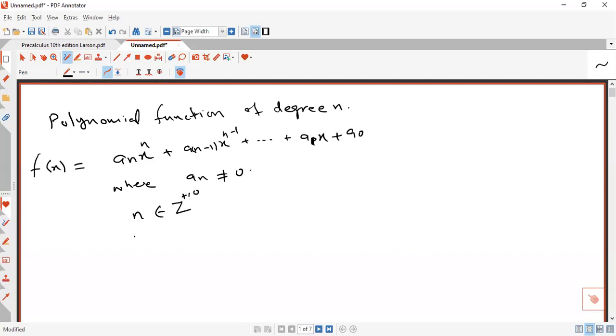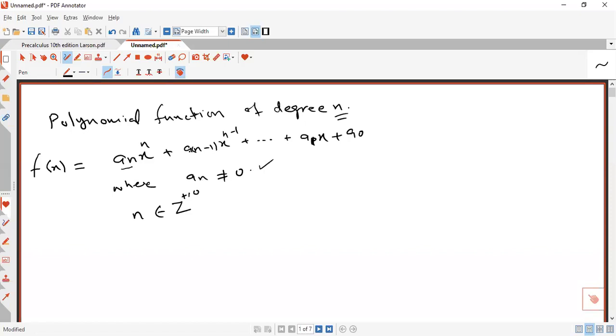So this was the definition of polynomial functions of degree n. Why? Because we are discussing degree n, that's why this leading coefficient a_n cannot be equal to 0. Because if this leading coefficient were 0, then this would again remain a polynomial, but that would be of degree n minus 1. So for degree n, this should not equal 0.